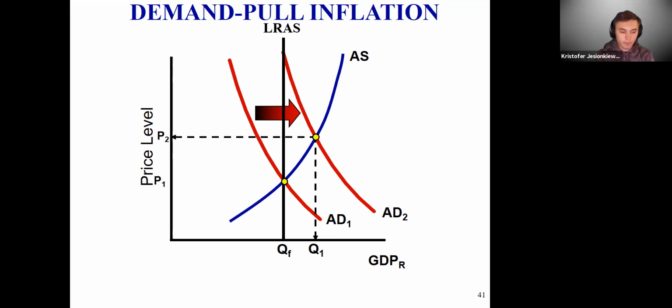Do we need more or less workers? More workers. So when the demand for workers increases, what's going to happen to wages? They're going to increase. If wages increase, what shifts? Supply. Which way? To the left. And that's how you get back to the long run.